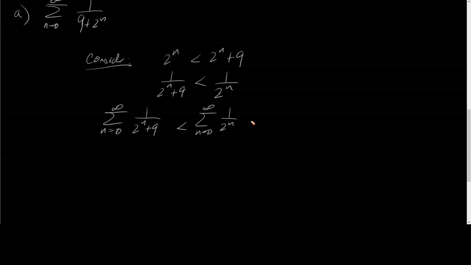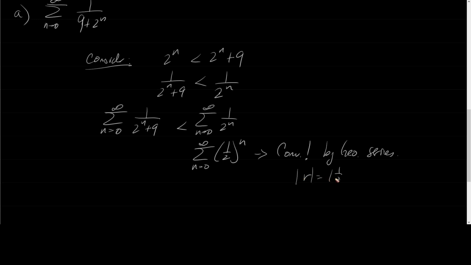Here I can rewrite this as 1/2 to the n, and that's clearly geometric. Because it's a geometric series, we know that this converges. It converges by a geometric series, where r, which is 1/2, is less than 1. So it definitely converges.